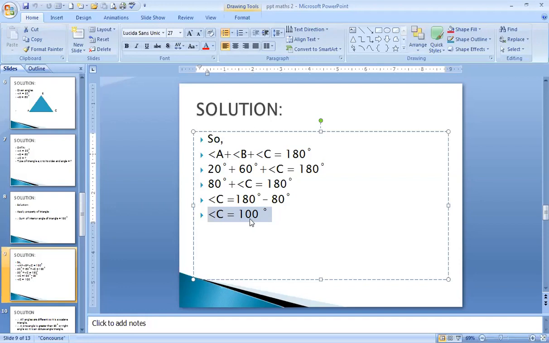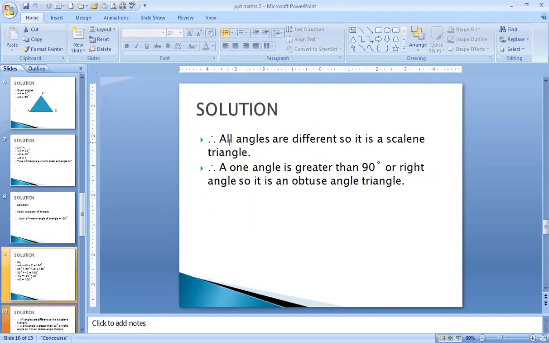And you know that an angle which is greater than 90 degrees, or a right angle, is known as an obtuse angle. So angle C is an obtuse angle because it is greater than 90 degrees. Since all angles are different, it is a scalene triangle.